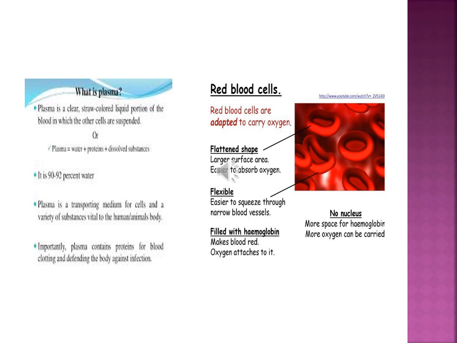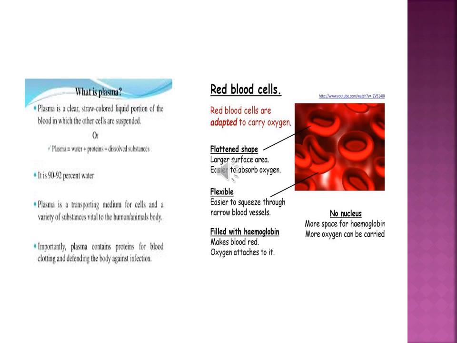The hemoglobin of the red blood cell transports oxygen from the lungs to the cells of the body, means these cells carry the oxygen. It also carries the carbon dioxide produced by the cells during the breakdown of food.